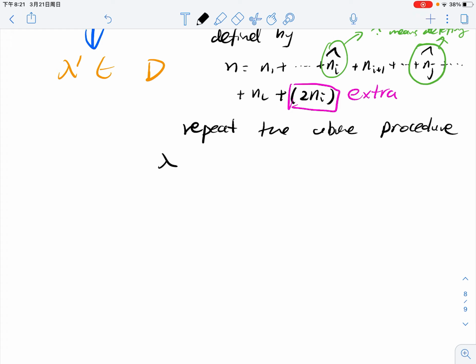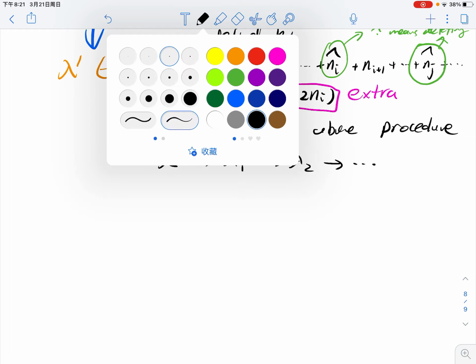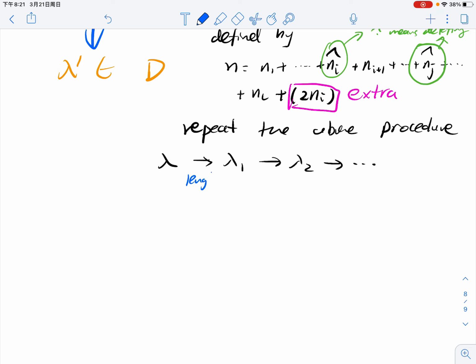Therefore, for lambda, you have lambda 1, and then lambda 2, all the way on. Notice that this procedure will not repeat forever, because each time the length is decreased by 1. For lambda you have k terms, for lambda 1 you only have k minus 1 terms. Since the length is always positive, it cannot repeat forever.